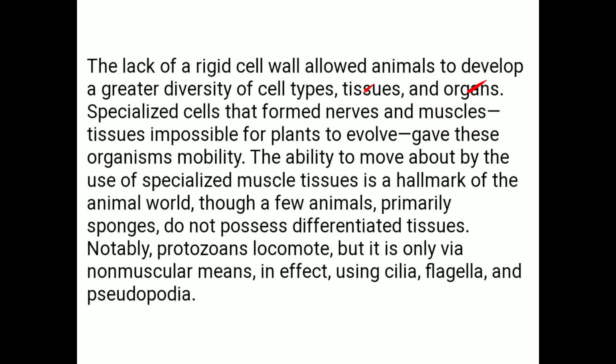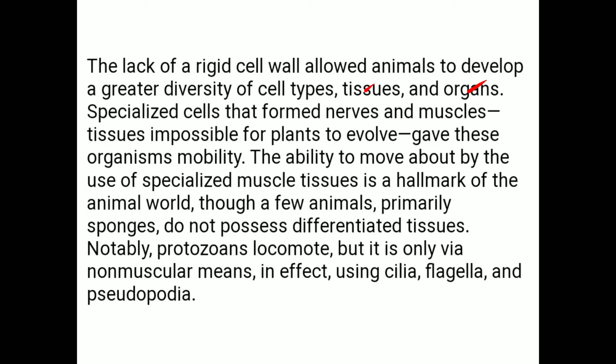Specialized cells that form nervous and muscle tissues were impossible for plants to evolve. So in animal cells only, the cells have the capacity to modify into different tissues, different organs, different systems when compared to plants. Plants do not have specialized nerve and muscle systems.